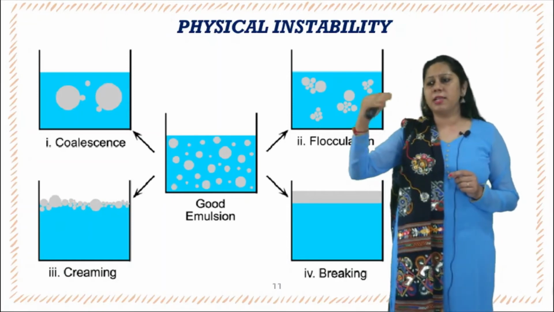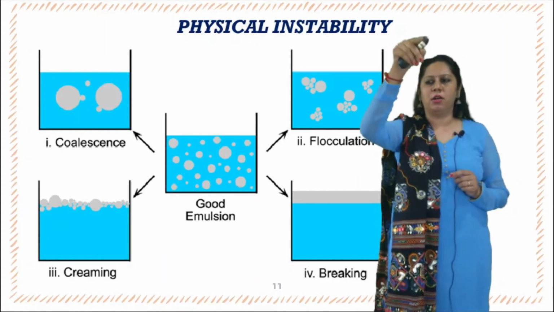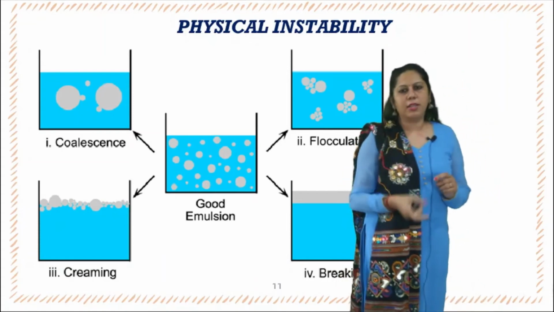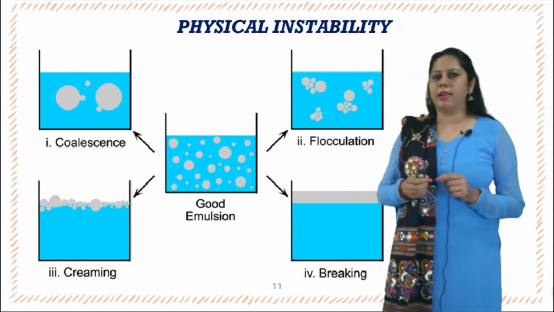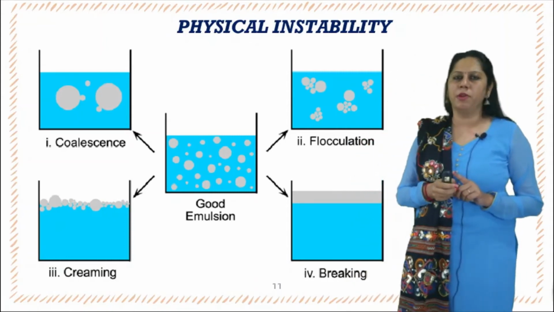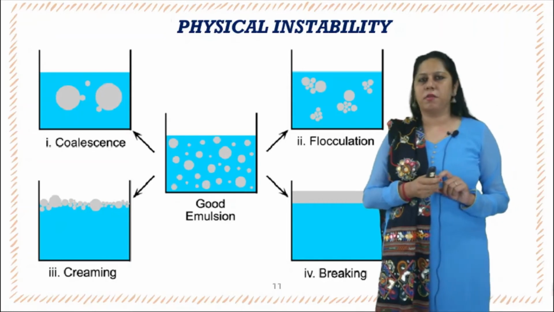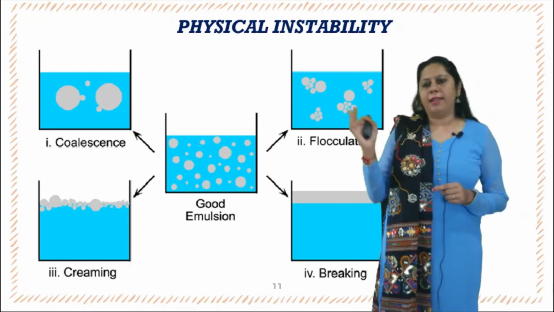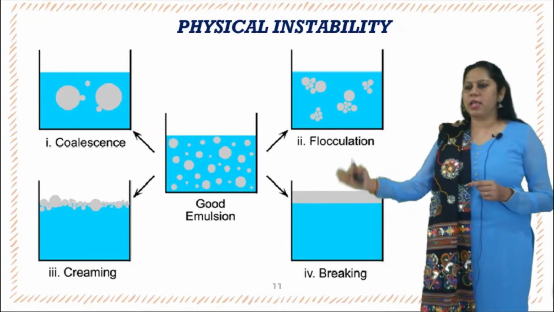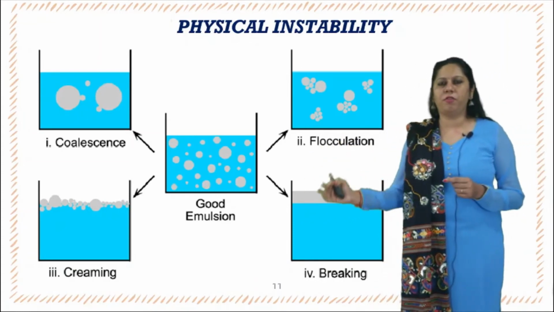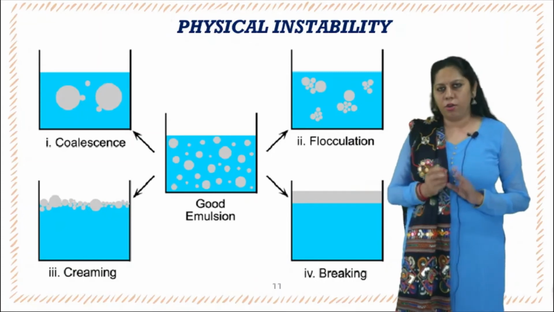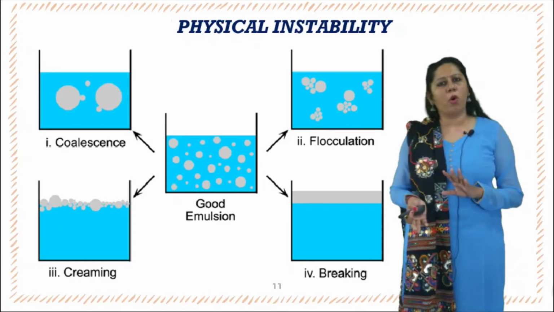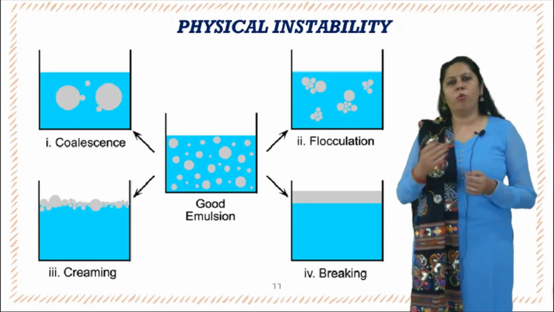Creaming will lead to coalescence, which is highly undesirable in the emulsion, because large aggregates of the globules will be formed, which is not aesthetically preferred. And then is the breaking, where you have completely two different phases formed, which is highly not preferred in the emulsion. Phase inversion is when an oil in water emulsion leads to a water in oil emulsion.